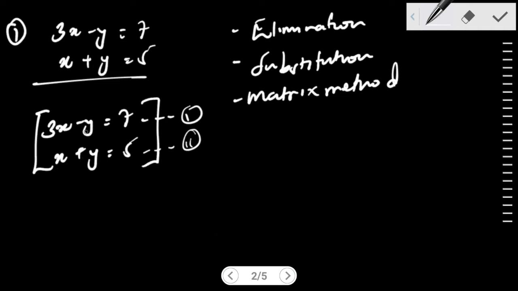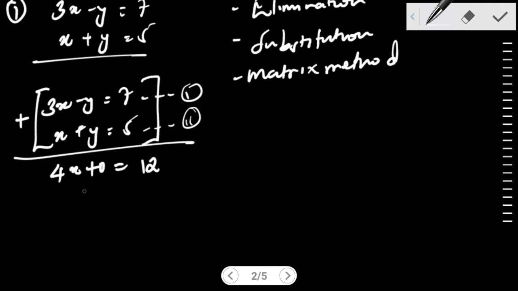Let me apply an appropriate sign in this case. To eliminate y, negative y and positive y, I just add them. 3x plus x gives 4x. Negative y plus positive y gives 0, and 7 plus 5 equals 12. So I have 4x equals 12, and dividing by 4, x equals 3.